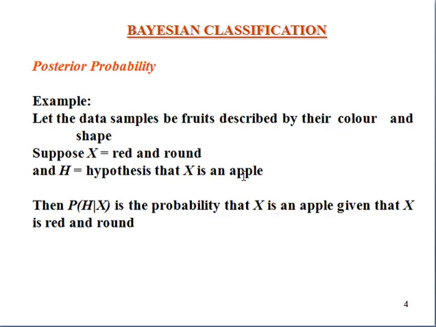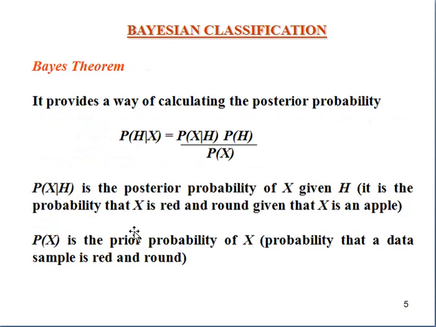Then the probability of h given x is the probability that x is an apple given that x is red and round. This equation represents the probability that x, a data sample, belongs to the apple category given that x is red and round.